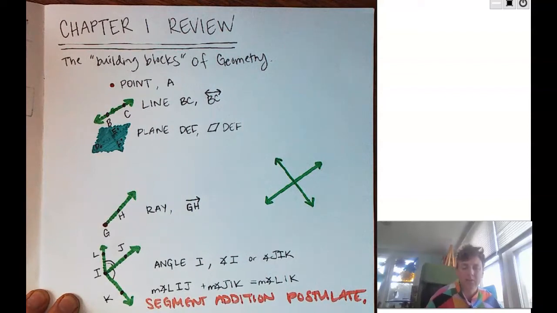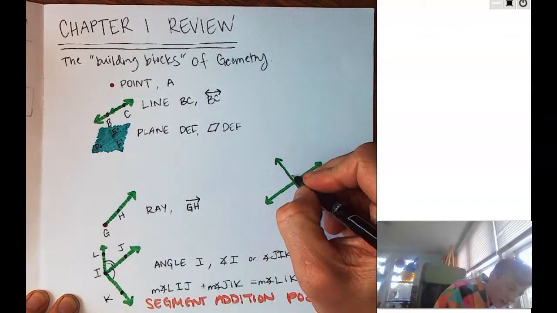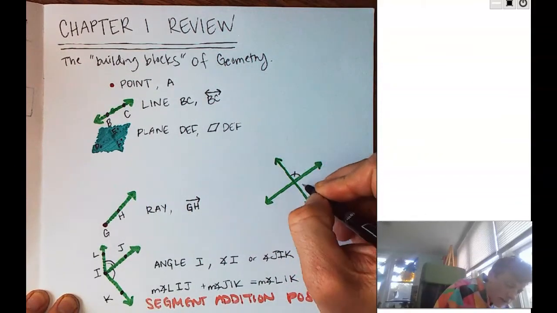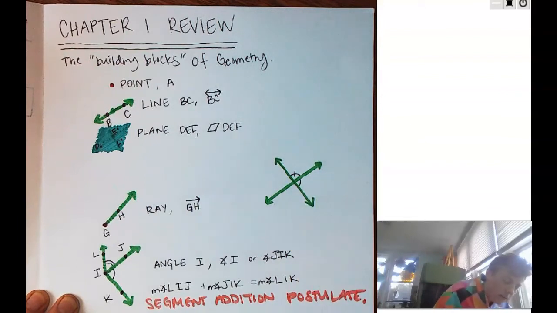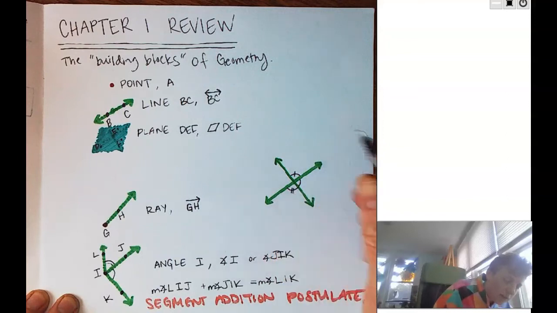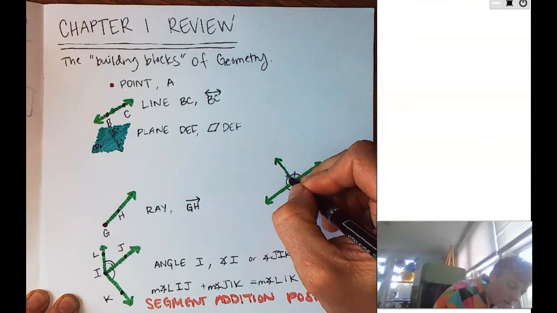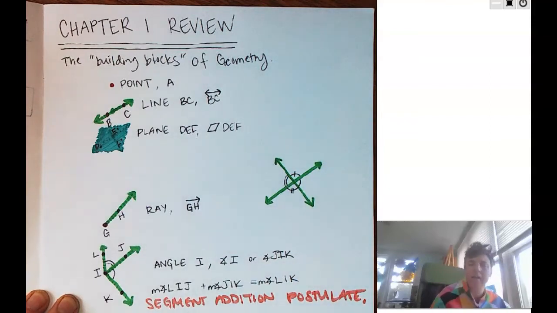How many angles did we just make? We made 4 angles. We've got an angle right here, right here, right here, and right here. Four angles.